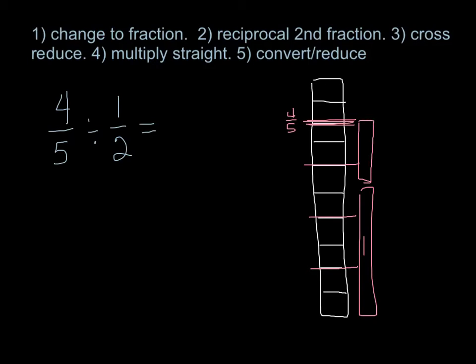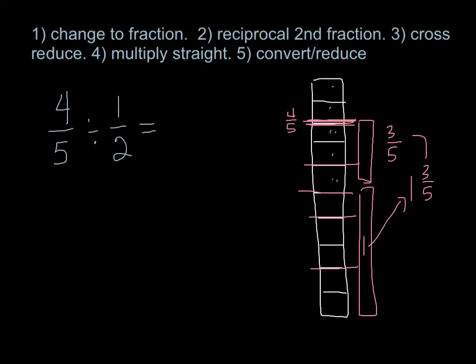Out of the 5 pieces that are there, 1, 2, 3, 4, 5, I can only fill 1, 2, 3 of them. So I can fill up 1 whole one and 3/5 of another one with the 4/5 of a cup of orange juice that I have. Now that's what it looks like in what's going on form.